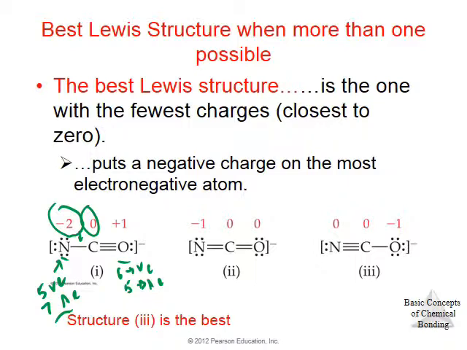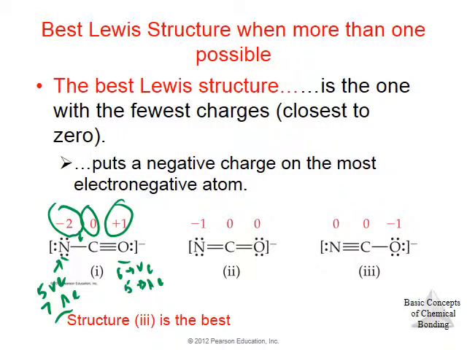So valence electrons is the number of electrons that it is supposed to have. So it is supposed to have 6, but it now has 5. So it lost 1 during this redistribution of electrons. So it lost 1 electron, that's why it must have +1.